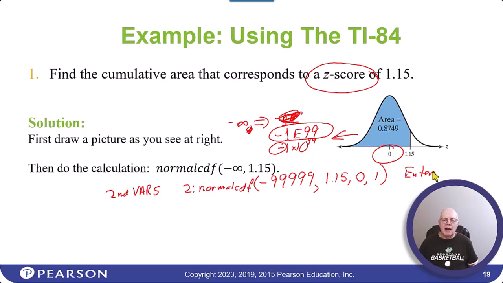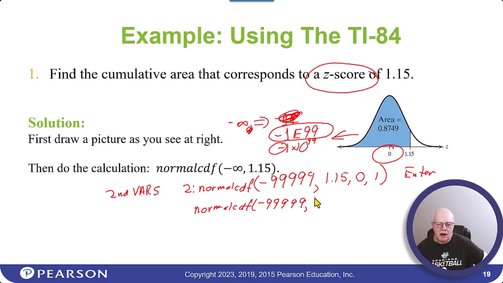Now, one other thing I need to tell you, because someone else might do it differently, or you might accidentally do it differently and get the right answer. If, when you're doing this, you go to normal CDF, if you happen to put negative 99999 like me, because it's easy to type, and you put that upper bound as 1.15, what if you forget to put in the 0 and the 1?